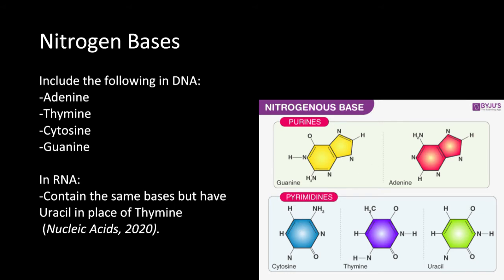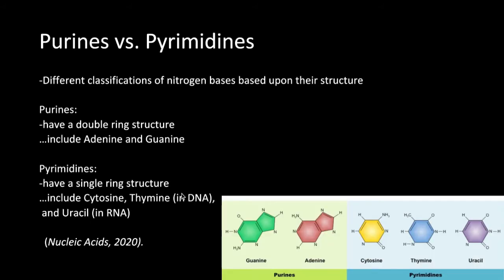The pyrimidines have a single ring: cytosine, thymine, and uracil, whereas purines have guanine and adenine, which have double rings. This is a different classification of nitrogenous bases based on their fundamental structure, as I mentioned before in the previous slide.